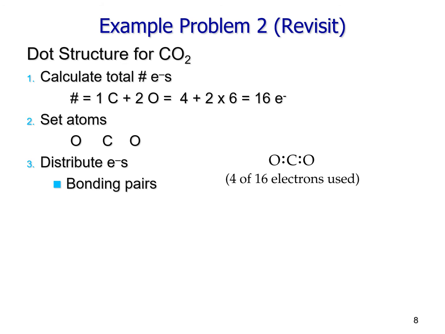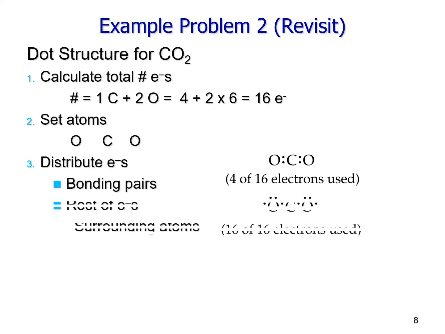As we distribute electrons, there is a single bond between each pair of carbon and oxygen, so there are two pairs in total. For the rest of the electrons, we give enough to each oxygen to make sure they have octets, and we are out of electrons.